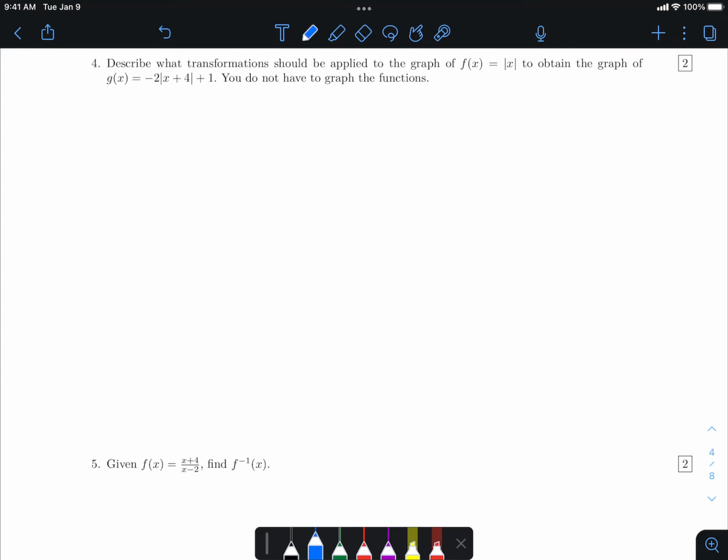Whenever I add 4 to x, I move 4 units, so that's a shift of 4 units to the left. It is horizontal because I'm doing it to x, not to the result of some operation.